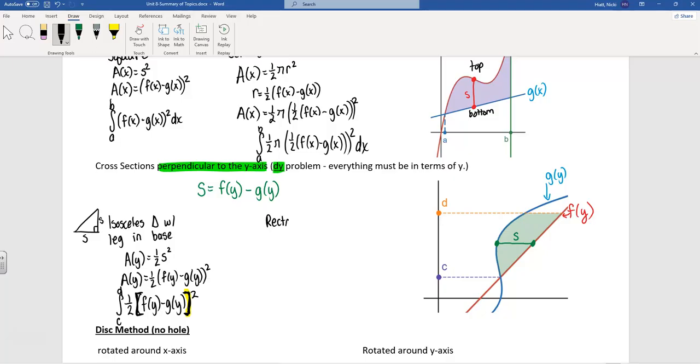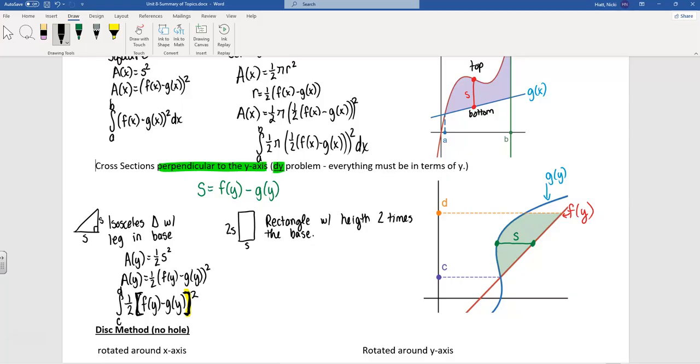What if we had a rectangle with height 2 times the base? So if we think of drawing that rectangle, the base is s, right? On everything the base is s. What would the height of that be? 2s.